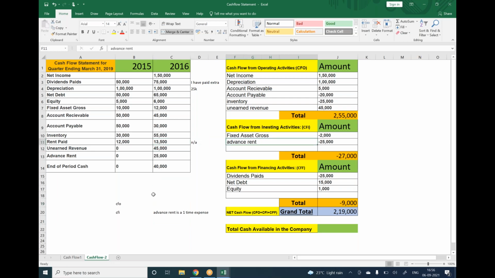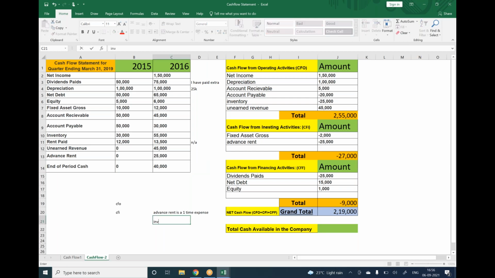It's debatable. Some companies take it under CFO, some will take it under CFI. Absolutely fine. But since it's a one-time investment, my school of thought is it should be under CFI. And inventory is an asset, I understand.